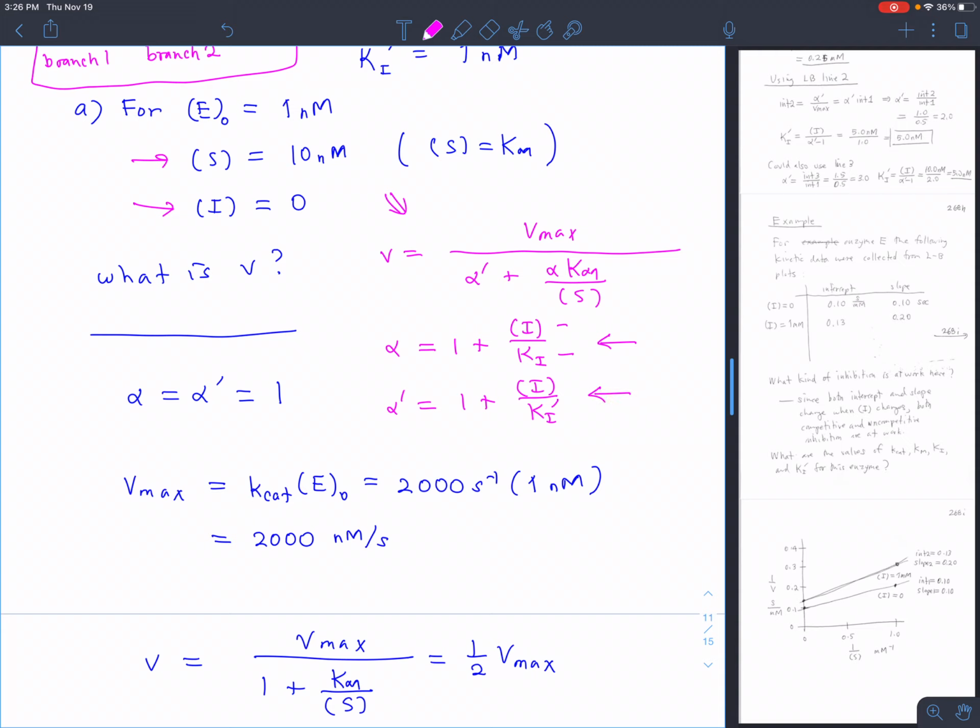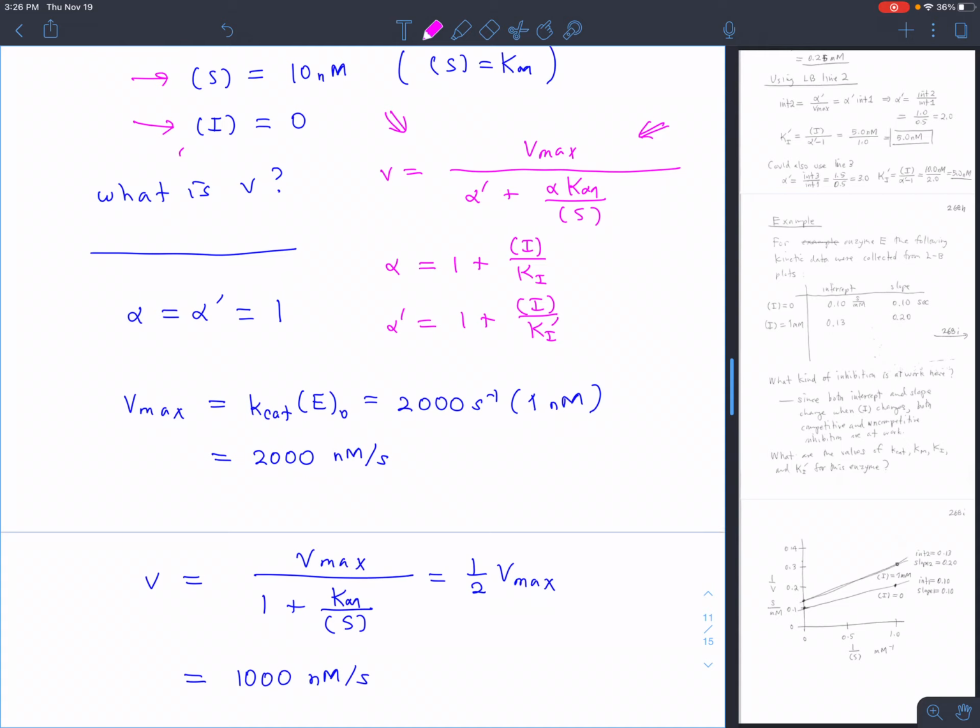And alpha prime is equal to 1 plus I over Ki prime. When alpha or alpha prime is 1, that means you're getting no inhibition of that type. So when alpha is equal to 1, you get no inhibition from branch 1, and when alpha prime is equal to 1, you get no inhibition from branch 2. Those are the cases where this formula reduces to simple Michaelis-Menten.